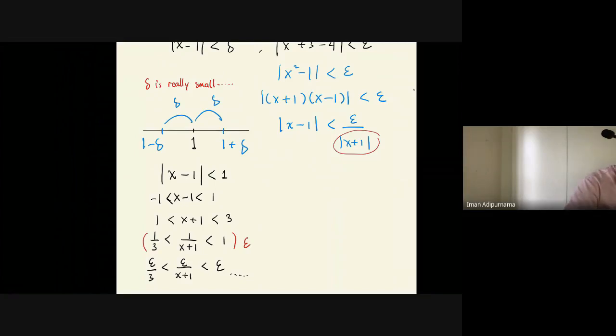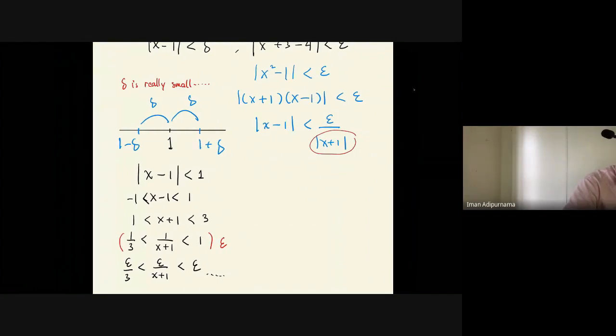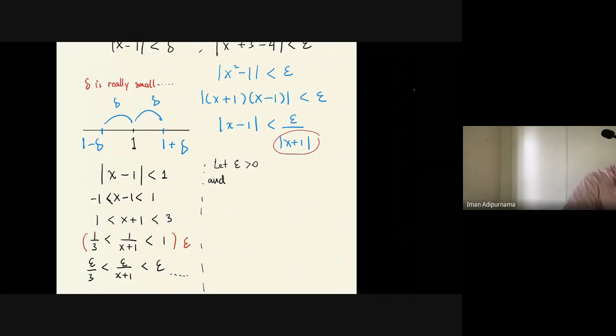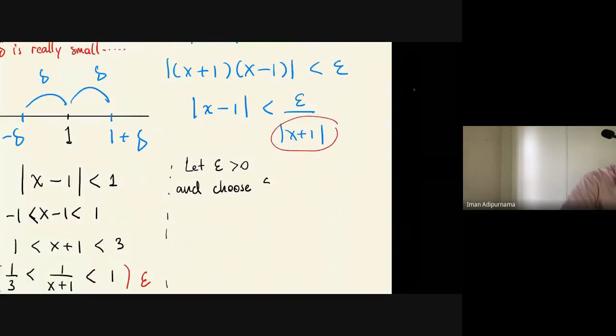And then I will write here the epsilon should be positive, right? Because it's distance. So let epsilon be a positive number, and we choose the delta as minimum as possible, because we want the delta as small as possible.